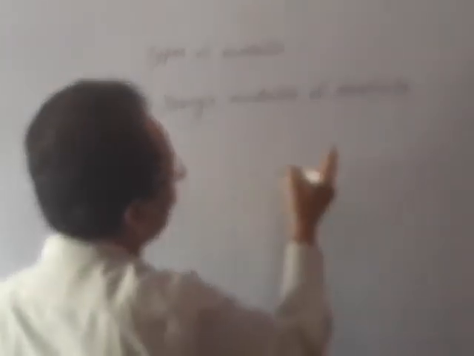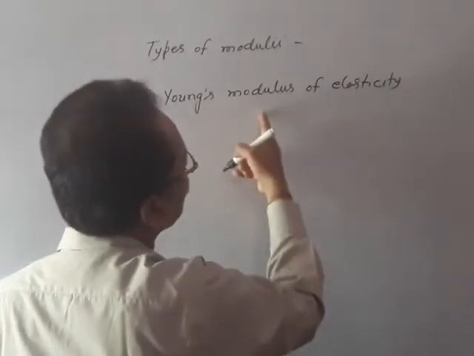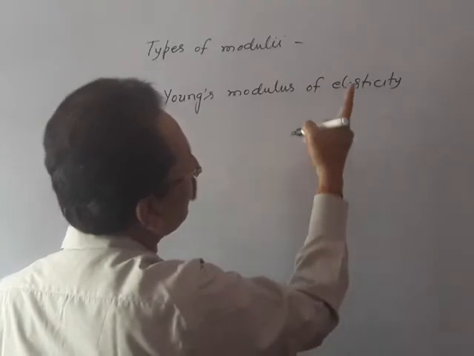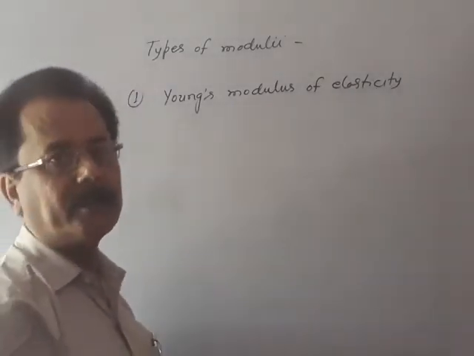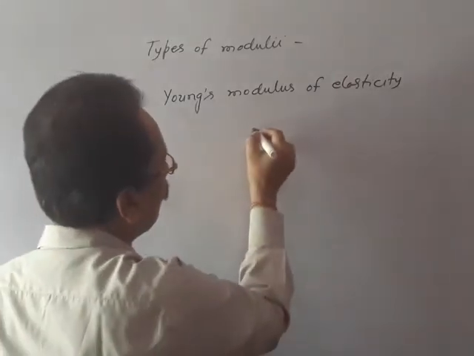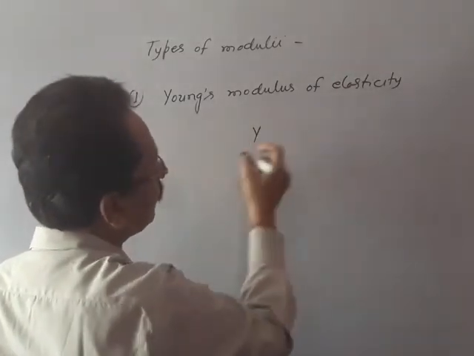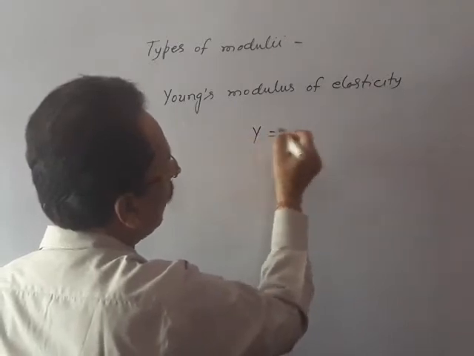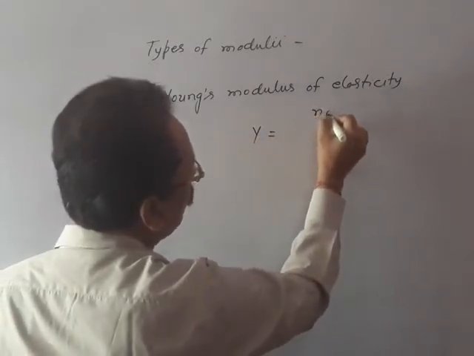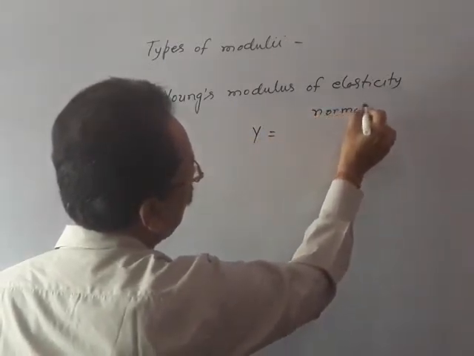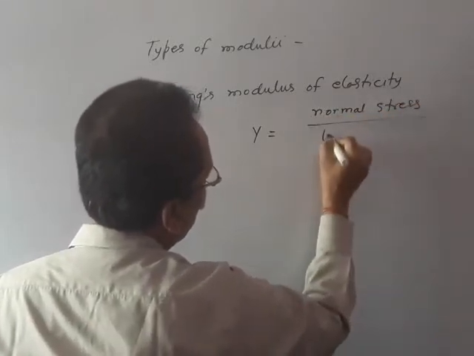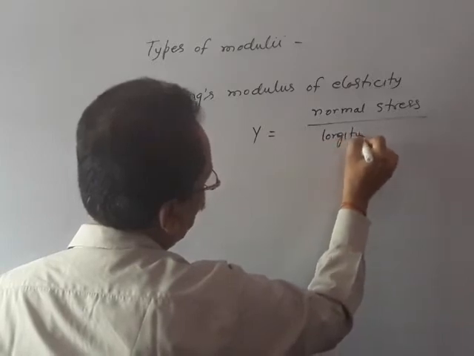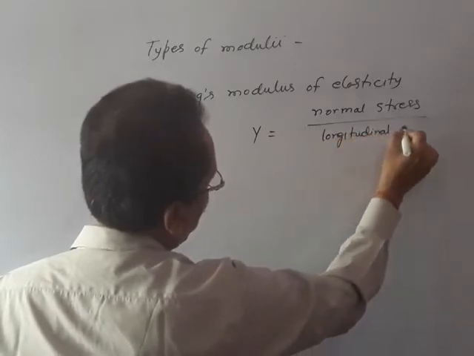It is defined as the ratio of normal stress to longitudinal strain. Young's modulus of elasticity is represented by Y. So we may write Y equal to normal stress to longitudinal strain.